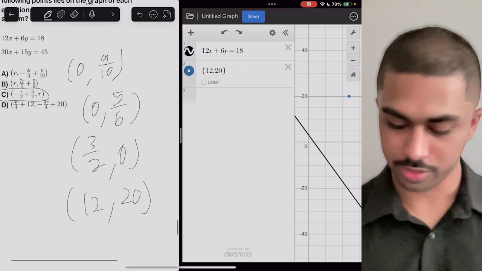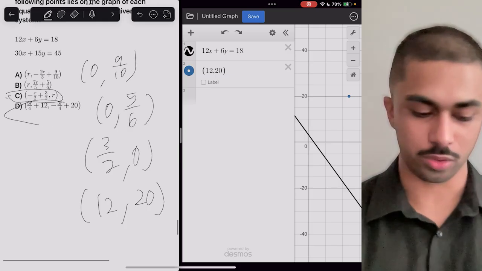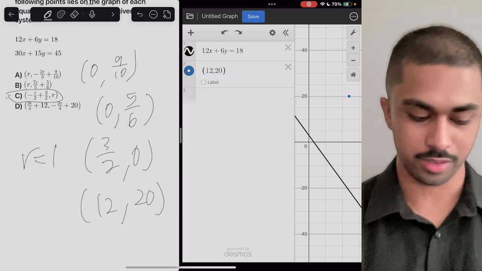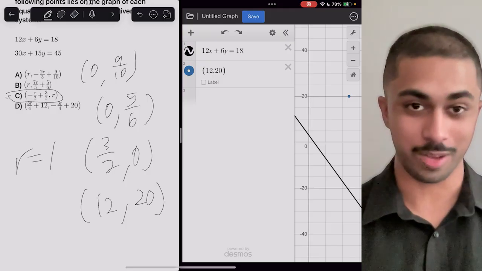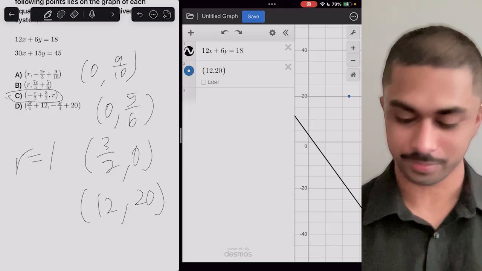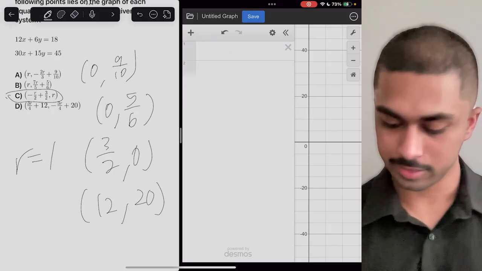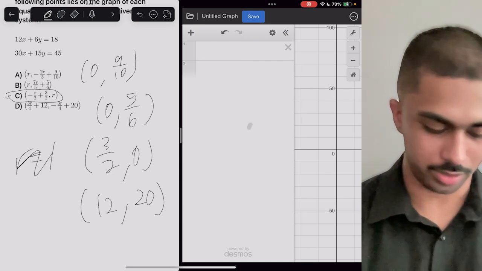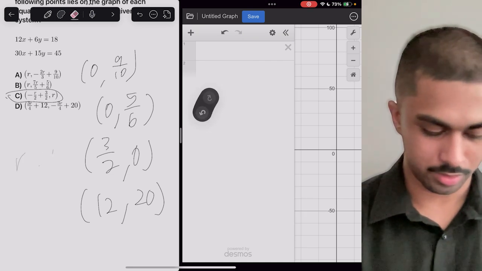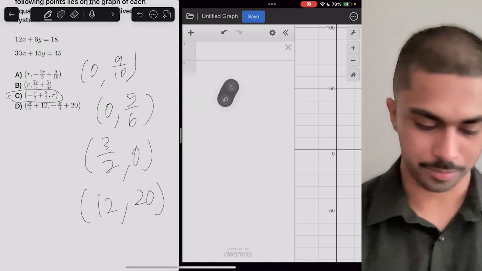Now, if you get two answers, like let's say D also worked for some reason when you plugged in 0, then you just plug in 1. And I promise you, at that point, there's only one that's going to work. So that's the fastest way to do it. In my opinion, it is a pretty fast way.